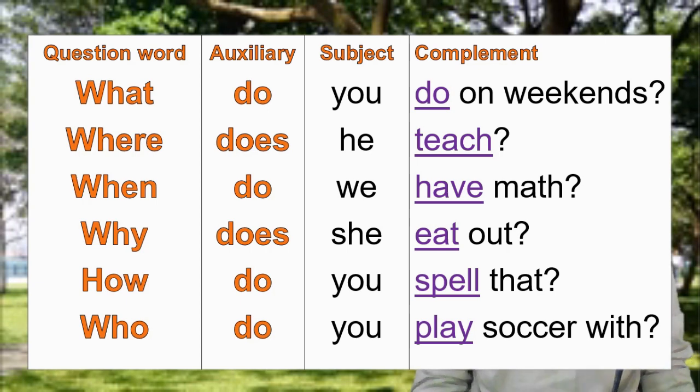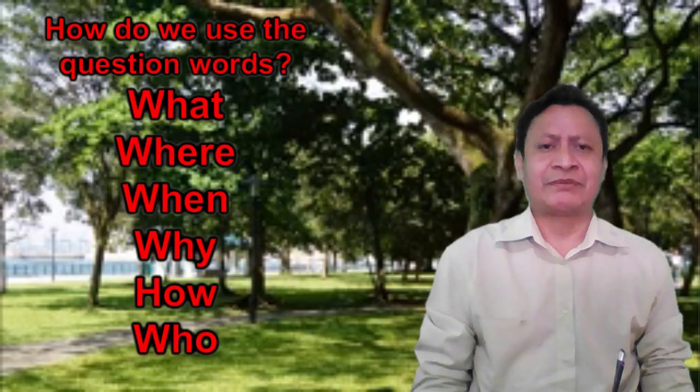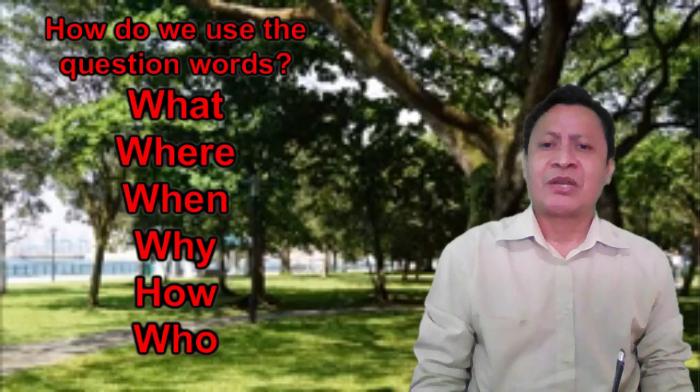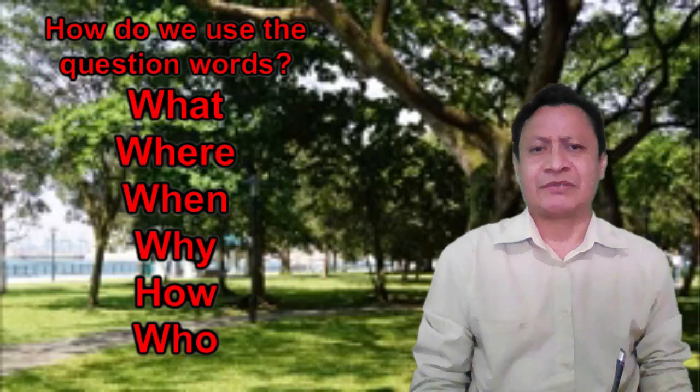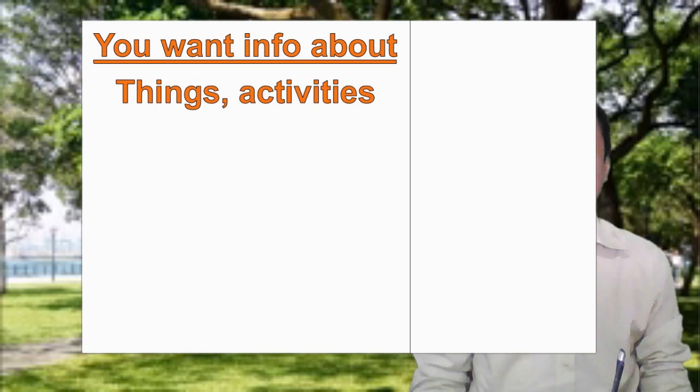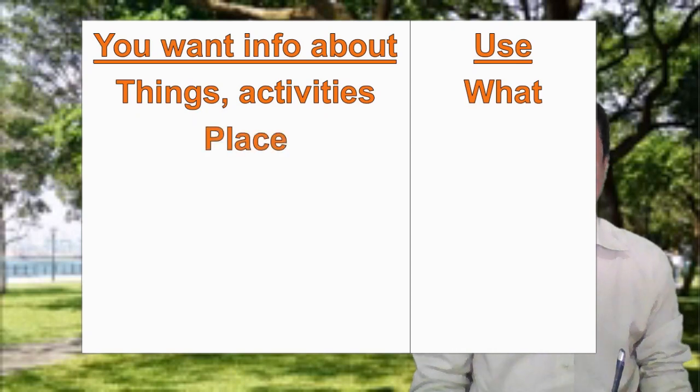Okay. So now, how do we use the question words? We know the structure of the questions, but what about the question words? What, where, when, why, how, who? How do we use these question words? Let me explain with this. If you need information about things or activities, you use what. If you want information about place, like country or city or any other place, we use where.